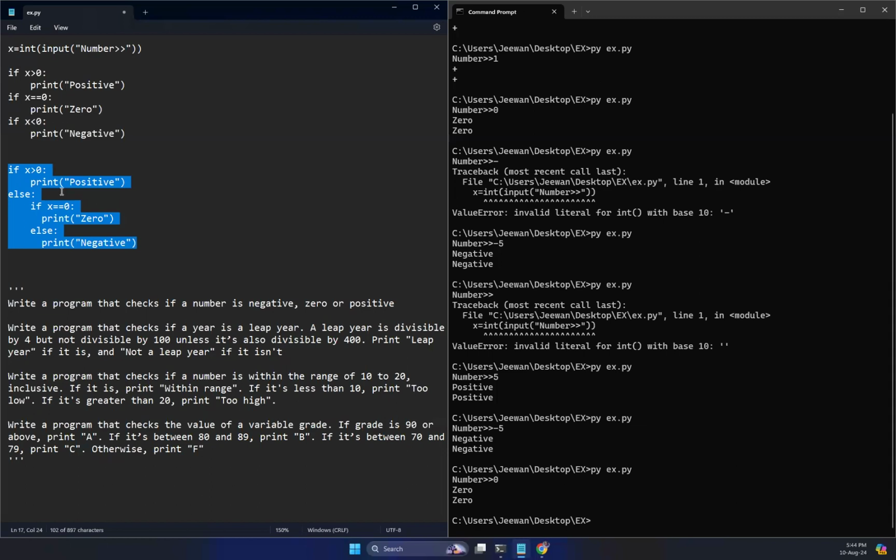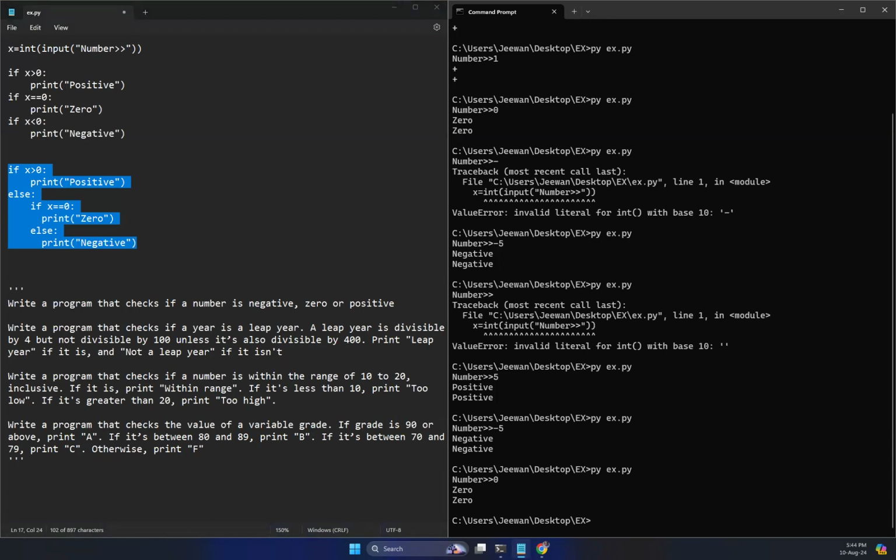The same thing, rather than using if, else, you can use an else if ladder. That means otherwise, you can say elif. In Python, we use it as elif, else if.